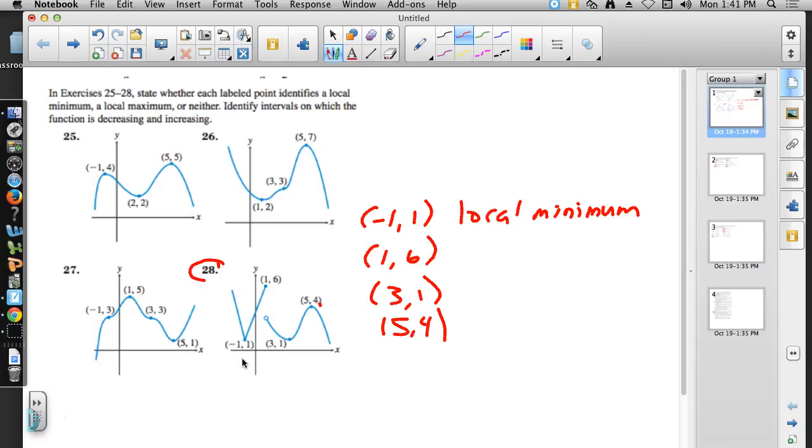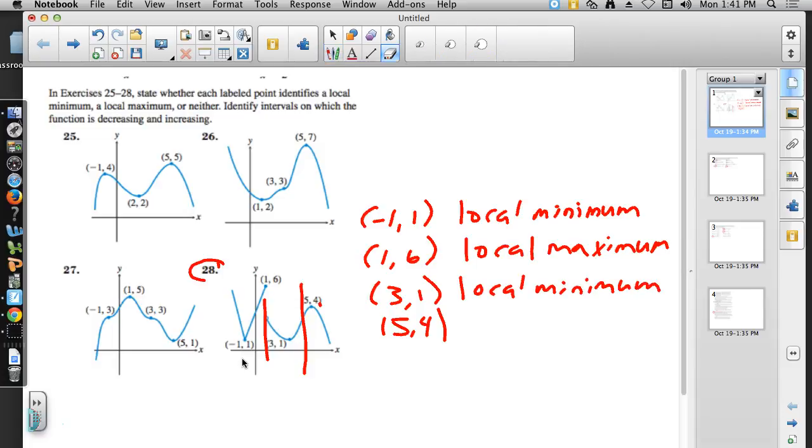If we're looking for some region, some interval right there, that would be the maximum. And then 3, 1, again, if we're just looking at a certain portion of the graph, that would be the lowest point for an interval such as I've drawn right there. So that would be a local minimum. And we definitely could get 5, 4 to be a local max.